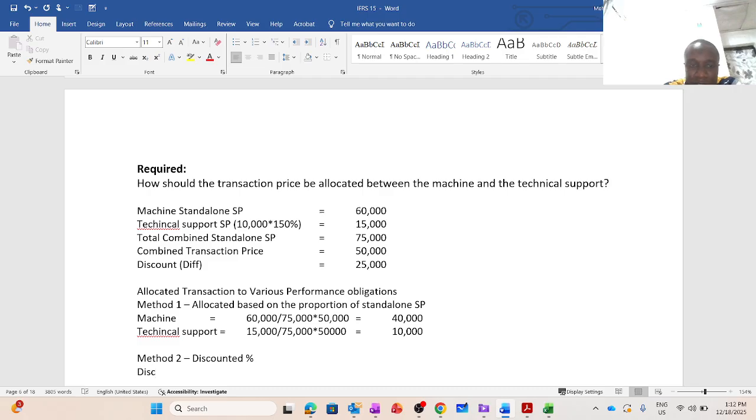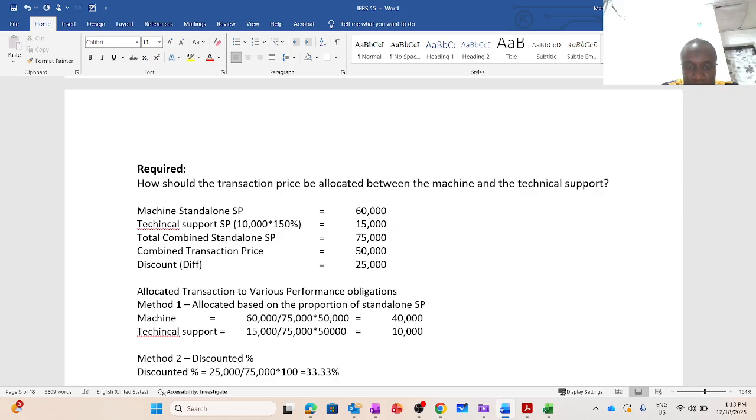So discounted percentage will equal the discount of 25 divided by 75, the selling price, multiplied by 100. So 25 divided by 75 multiplied by 100 will give us 33.33%.